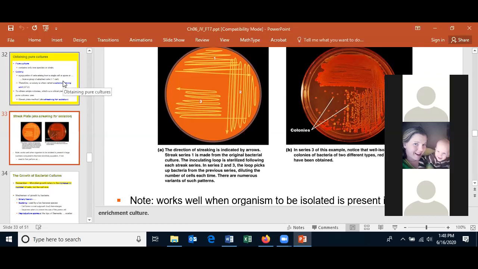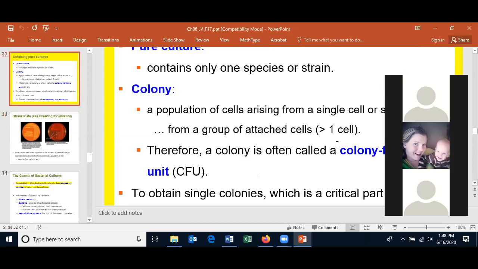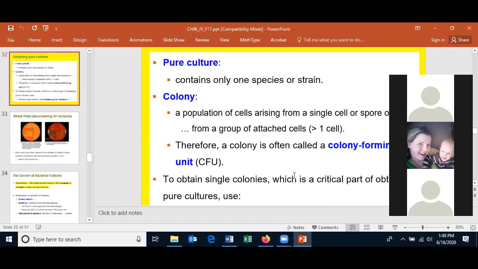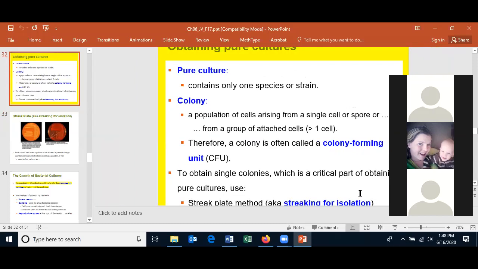And that's how we obtain pure cultures in microbiology. You just streak it out 2 times on a plate from colonies that are isolated, meaning that they're not growing together.